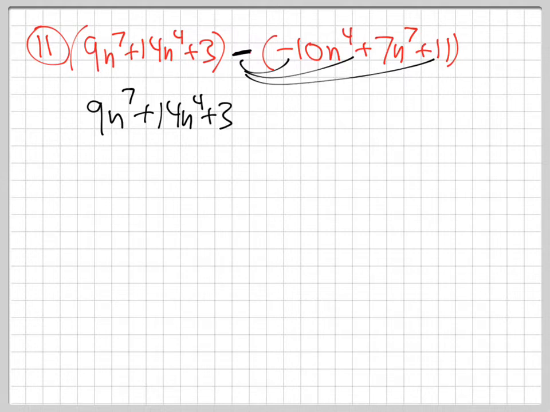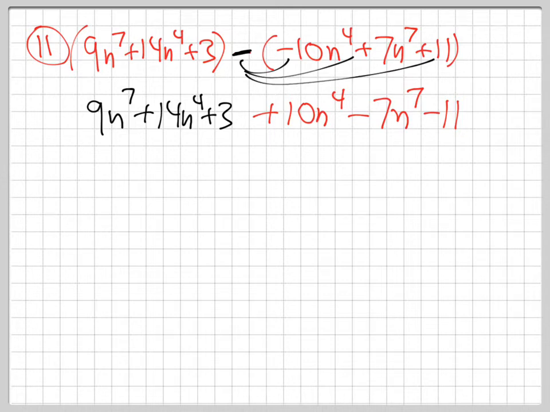But the one at the back, the signs are all going to change, aren't they? Because a minus is hitting them all. It's going to become plus 10 into the 4th minus 7 into the 7th minus 11. Does everybody see that? So that minus sign went boom, boom, boom, and hit all 3 of those, changing all 3 of those signs.